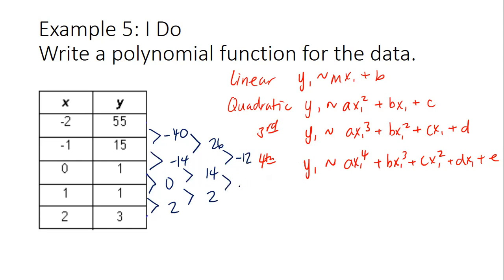And 2 minus 14 is negative 12. So which one am I dealing with? The 3rd. We're going to use our 3rd degree because our 3rd difference is the same. All right, to Desmos.